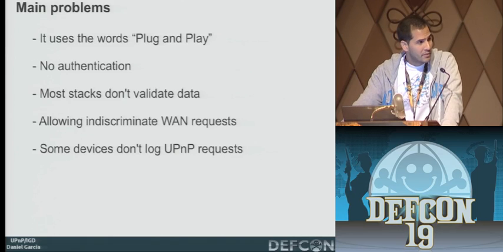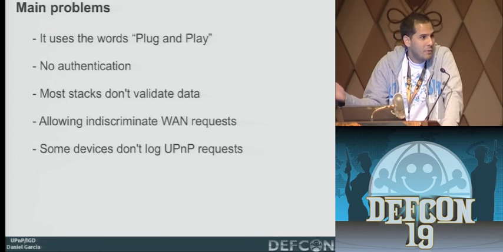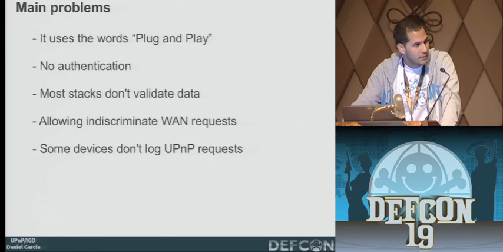We have command execution on some stacks, and as you saw, denial of service and buffer overflows. In fact, denial of service is so bad that when I was programming UMAP, the tool I'm going to showcase, I accidentally crashed my modem like 1,000 times, and I didn't even do anything. I'm just sending bad requests, and the device will go dead.